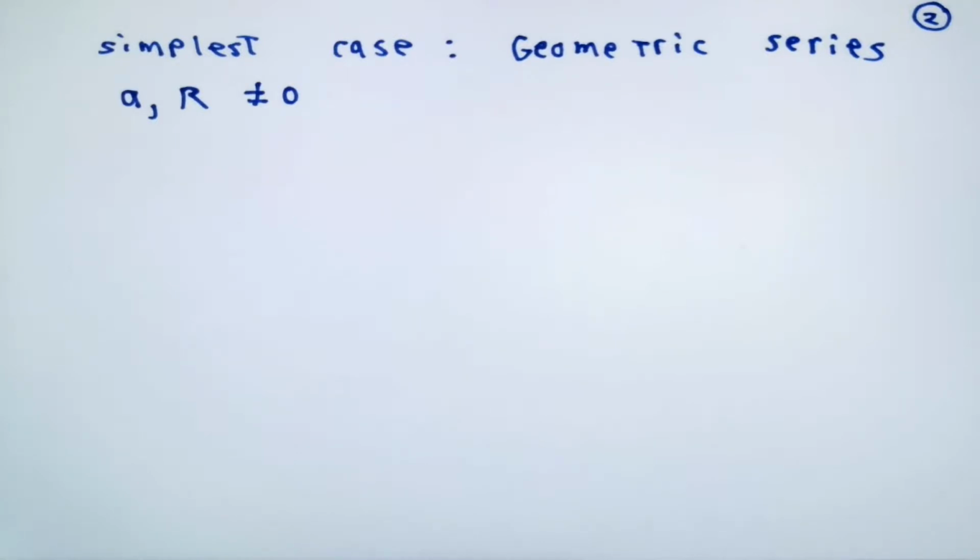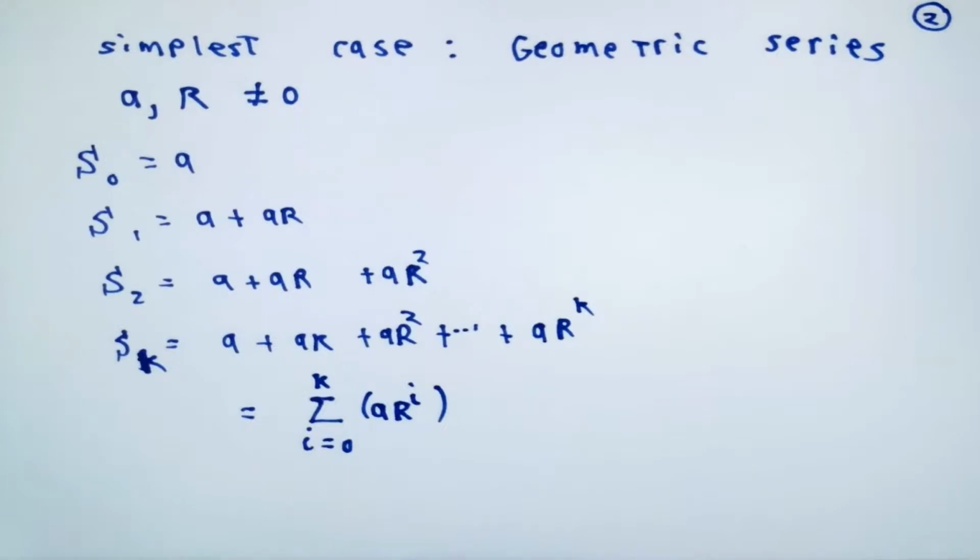Then I'll have S1 and S2, and so on. Partial sum number 1 is going to be A plus A times R. This is what you had for S0, except you take the last term of S0, A, multiply it by R, and add that in as well.